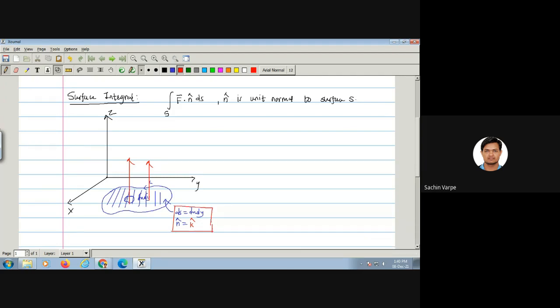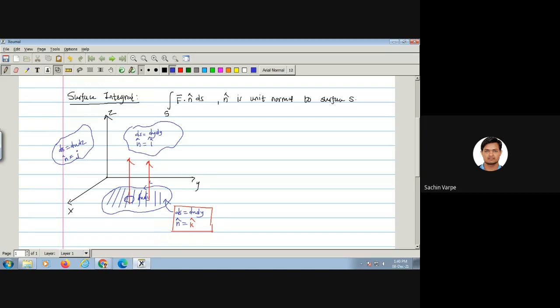k cap. Similarly, if we consider a surface in the yz plane, then the area element ds will be dy dz, and n cap will be in the direction of the x axis, that will be i cap. And if we consider a surface in the xz plane, then its area element ds will be dx dz, and n cap is in the direction of the y axis, that is j cap.